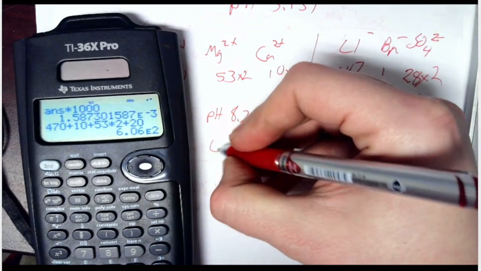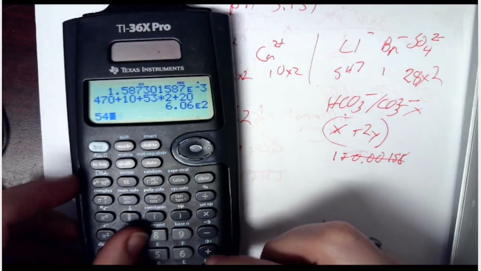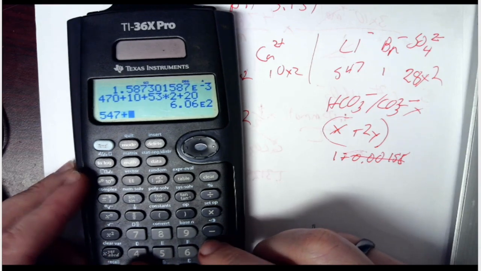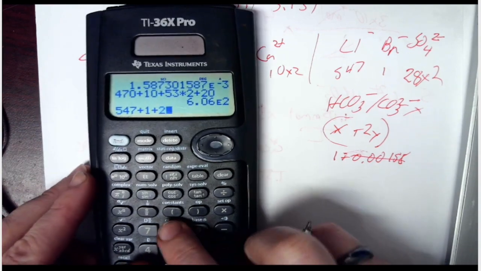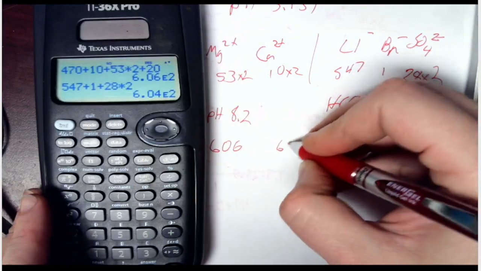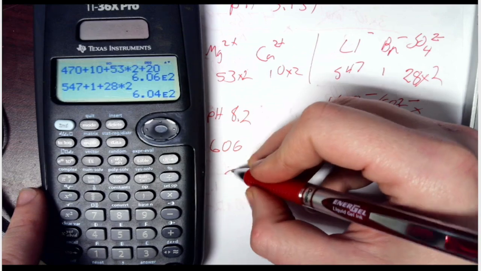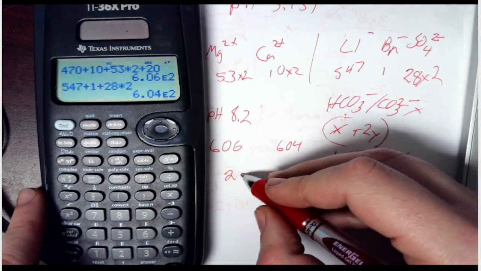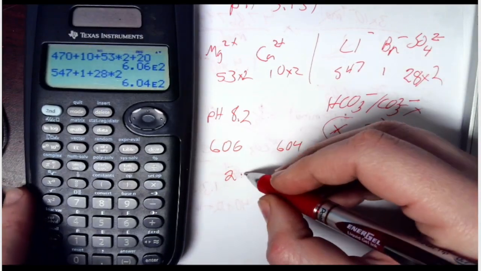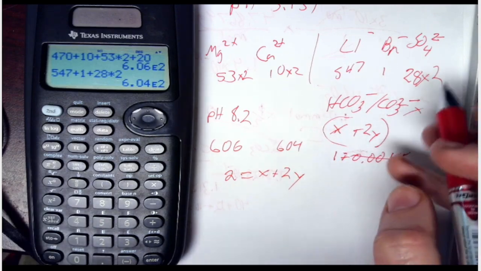So we have 606 millimoles on the left. 547 plus 1 plus 28 times 2 on the right means 604. So when you subtract that, the difference is the sum of both of those things: X plus 2Y equals 2.